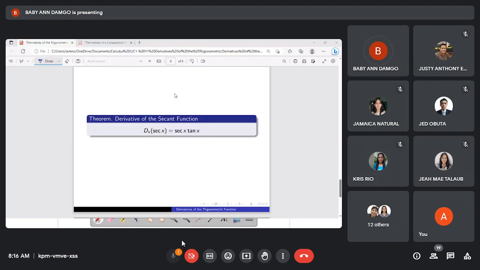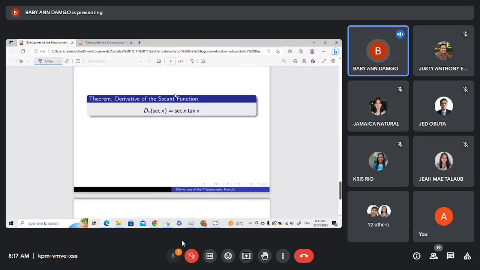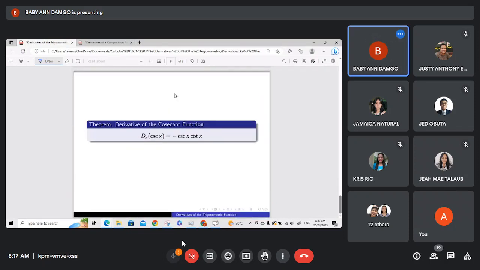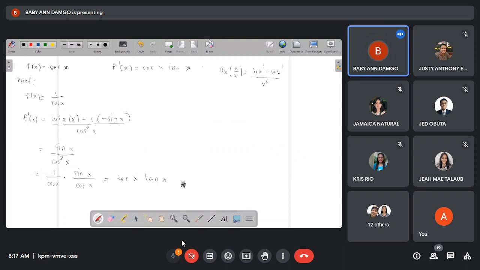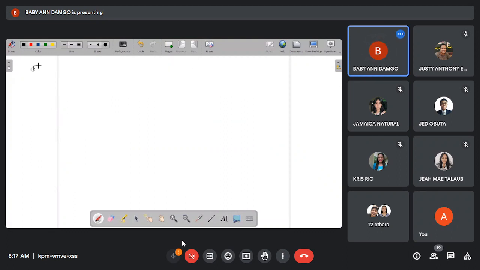Okay, next we will prove that if you have cosecant x, the derivative is minus cosecant x times cotangent x.